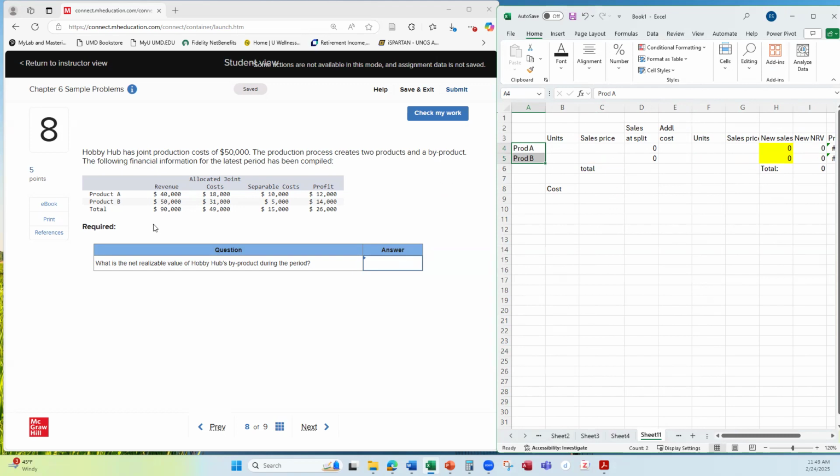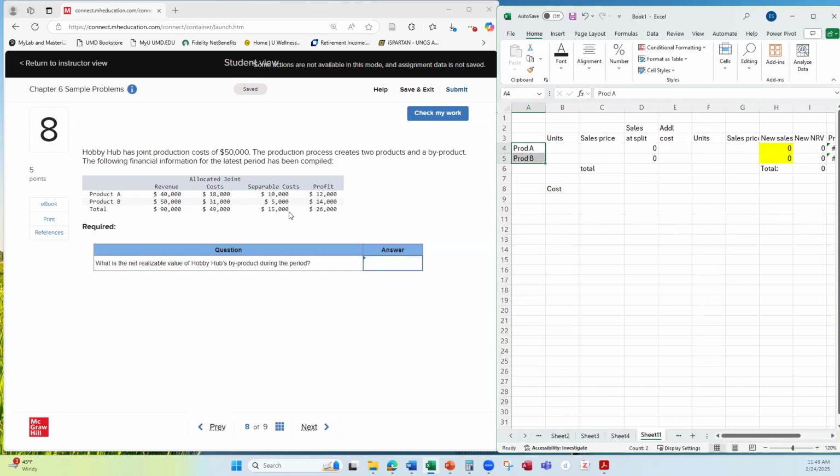Let's see. So allocated joint costs, we've got 49,000 in allocated joint costs. This one actually doesn't look like it's too bad. So revenues of 90,000, joint costs of 49,000, and separable costs of 15,000.